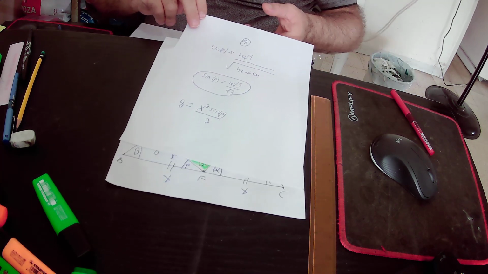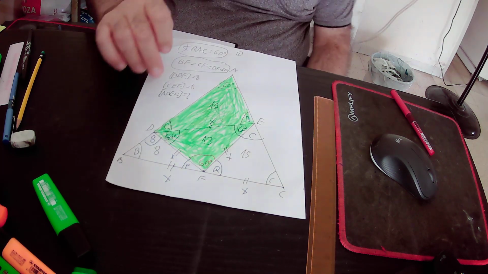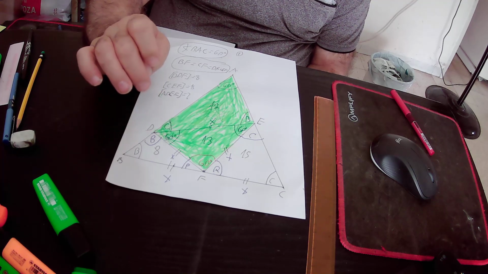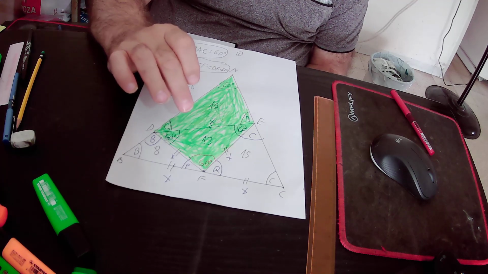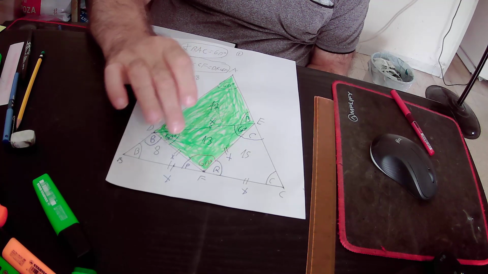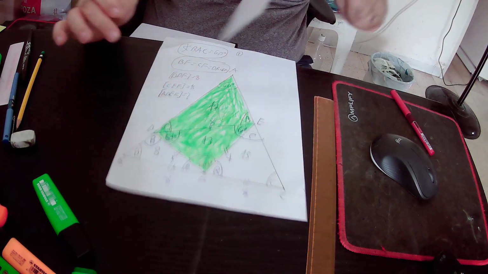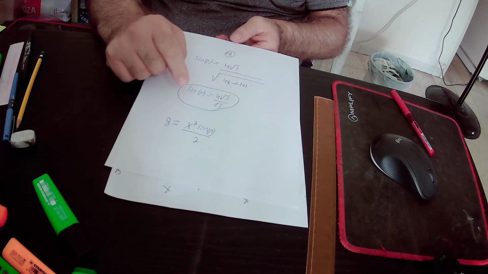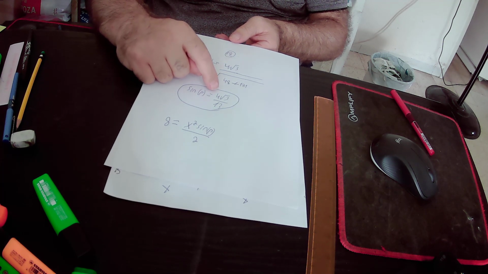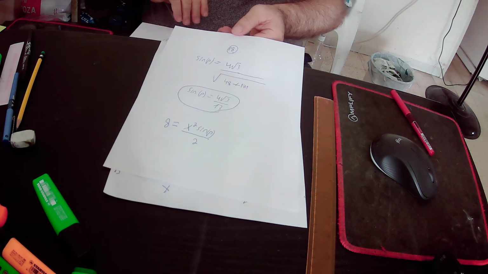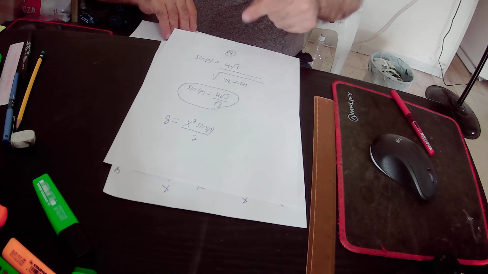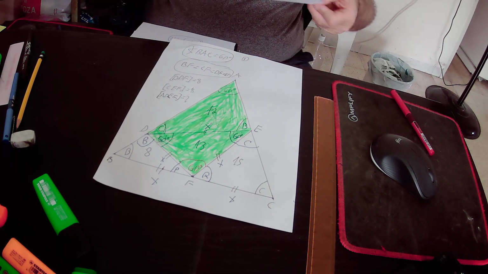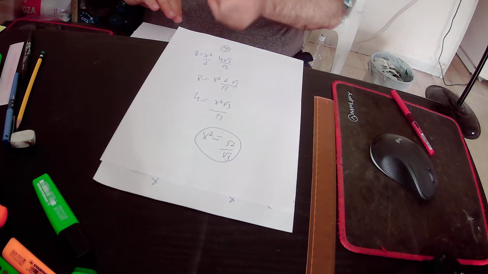And then we know that the area of triangle BDF equals 8 square units. And the area of the triangle, according to the new formula that I presented to you, is x squared times sine p over 2. And we have already found out that sine p equals 4 times root 3 over 13. So we put the value of sine p in this equality, and we found out that x squared equals 52 over root 3.